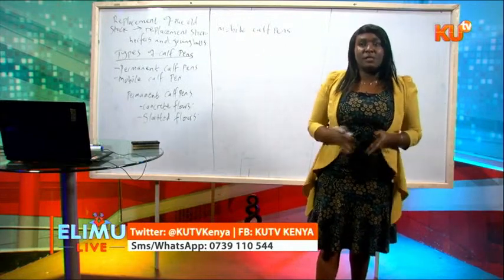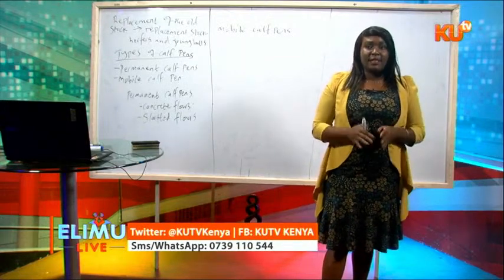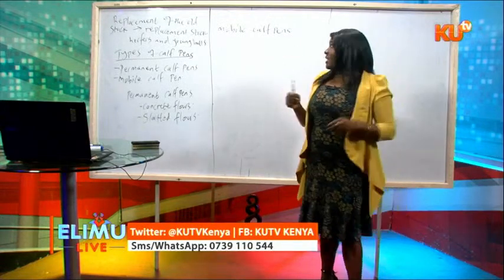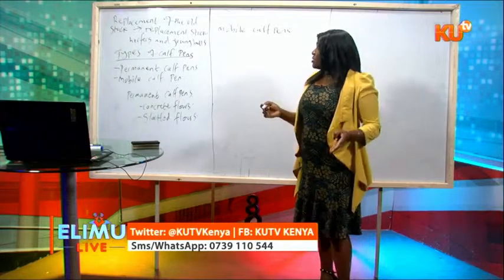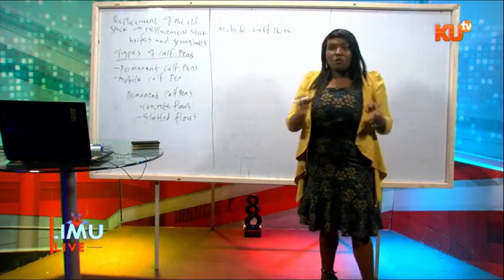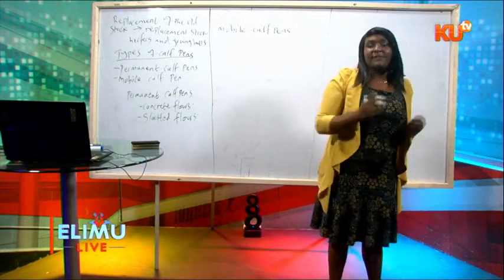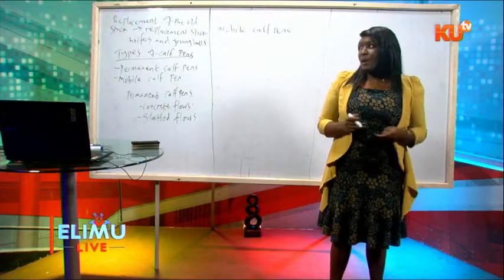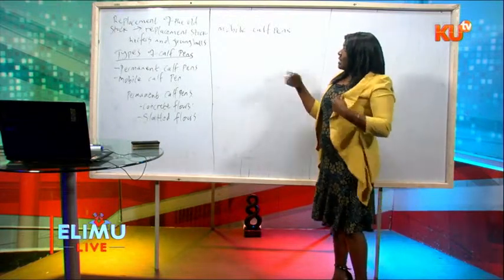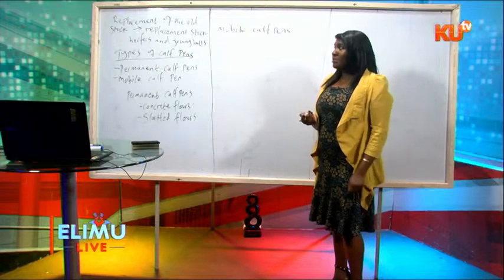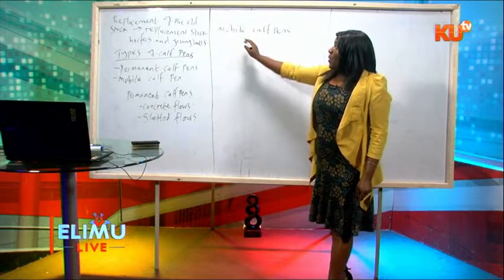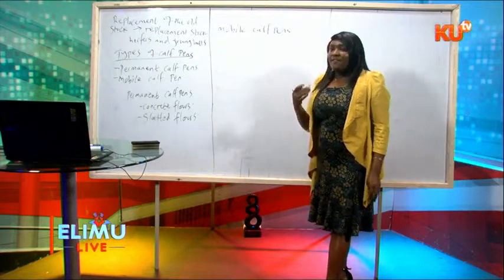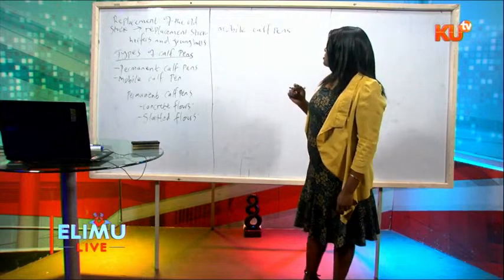It is open, but the rest of the area is constructed, so that when you move with the calf and look for fresh pastures, the calf will be able to feed on fresh pastures.